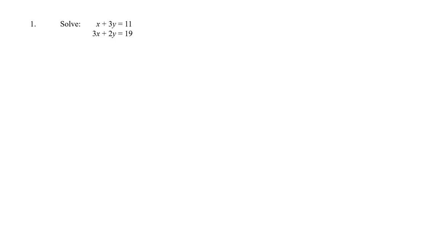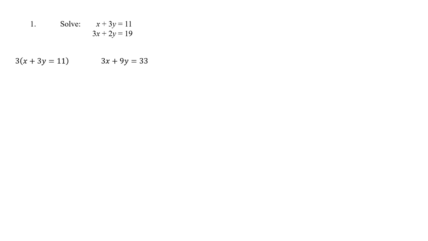Here we have two equations, x plus 3y equals 11, 3x plus 2y equals 19. None of the coefficients of either the x or the y match up. However, if we took that first equation, where the x has a coefficient of 1, and we multiplied it by 3, we would get this: 3x plus 9y equals 33.